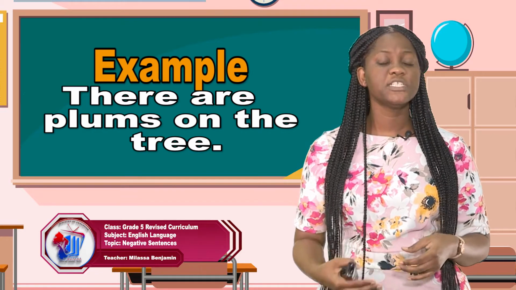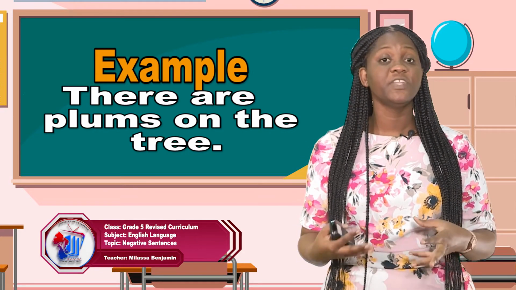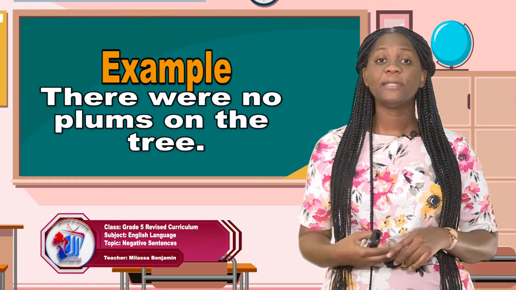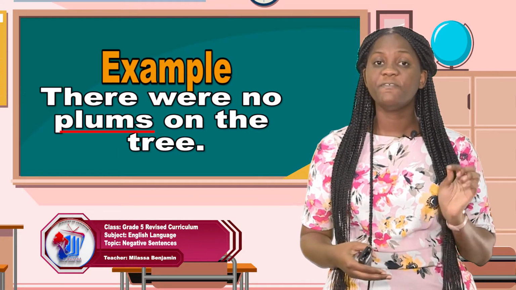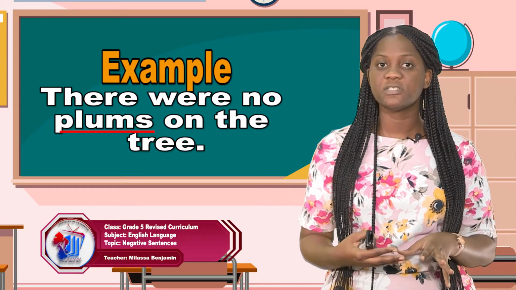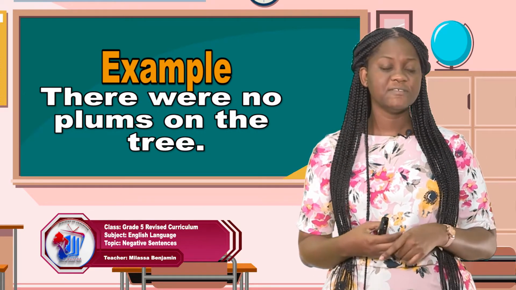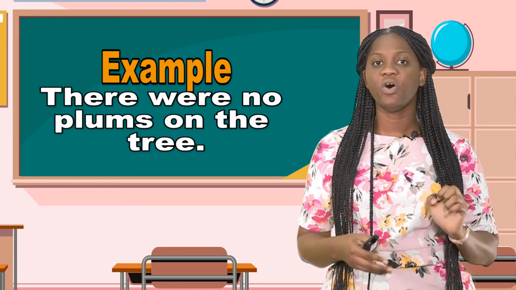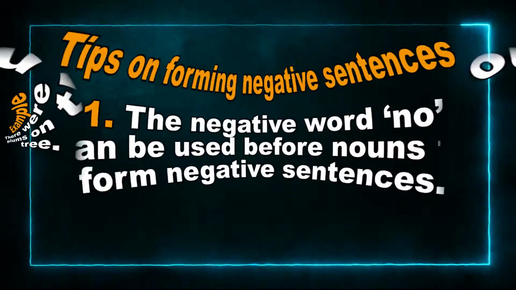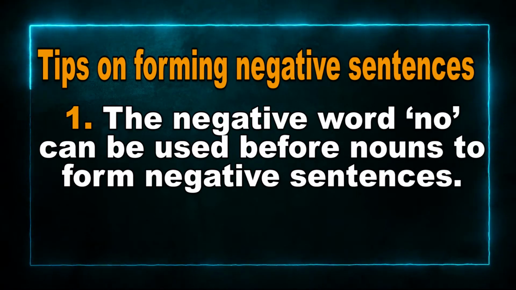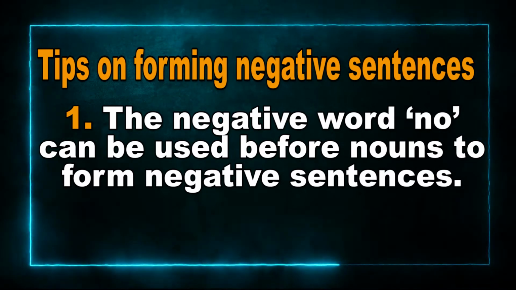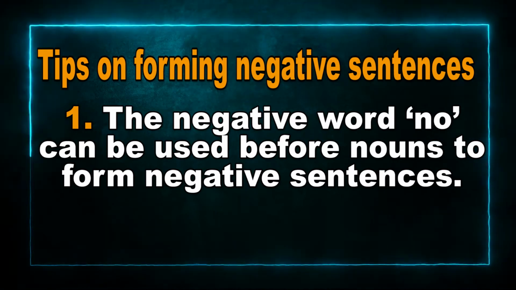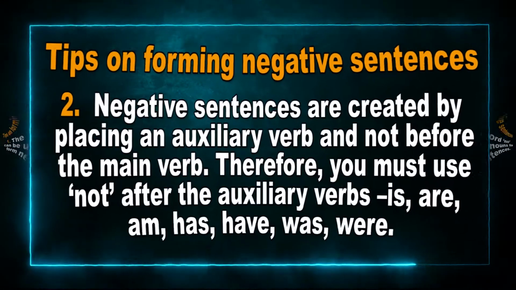But if we want to change it to a negative sentence, we can place the word no before the noun plums. And so the negative sentence would read, there were no plums on the tree. So boys and girls, tip 1 tells us that if we want to form a negative sentence, we can place the word no before nouns.